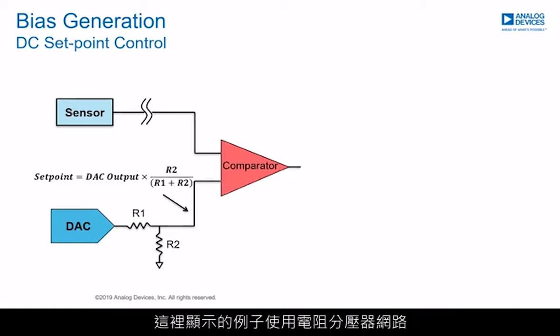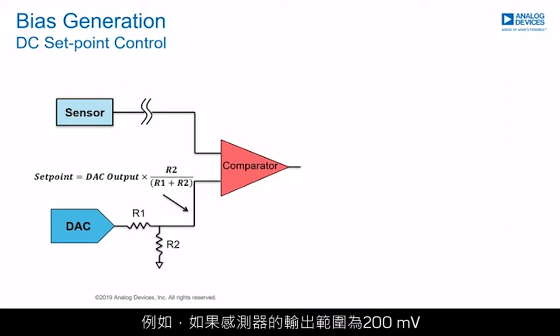The example shown here features a resistor divider network. So the set point is proportional to the resistor network used. A resistor divider network may be used in a case where the DAC output span is greater than the sensor output span.